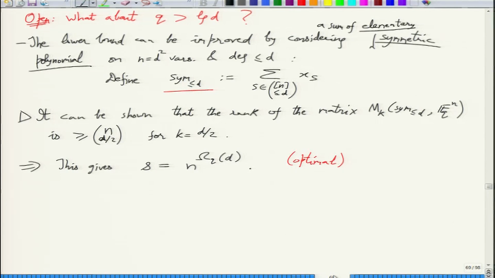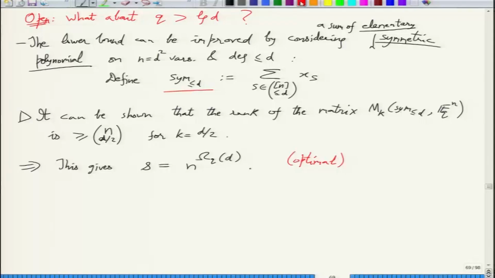So that d square actually gives you the kick, because this simple combinatorial estimate will be n divided by d raised to d. So that will become d square by d raised to d, that is d raised to d, right. So that is where the improvement is coming from.